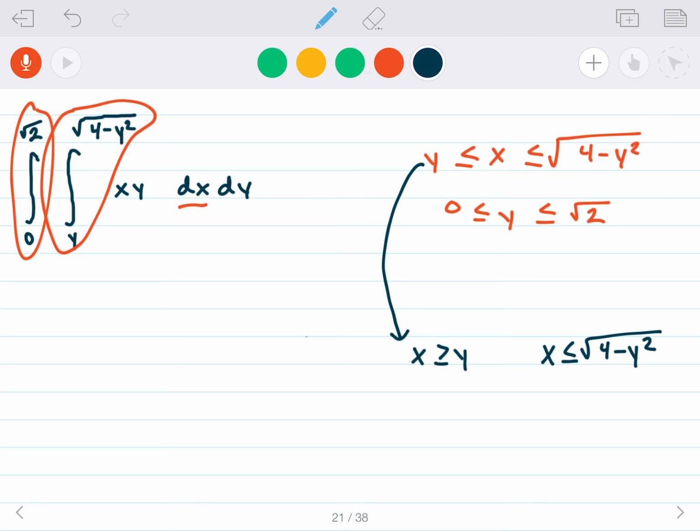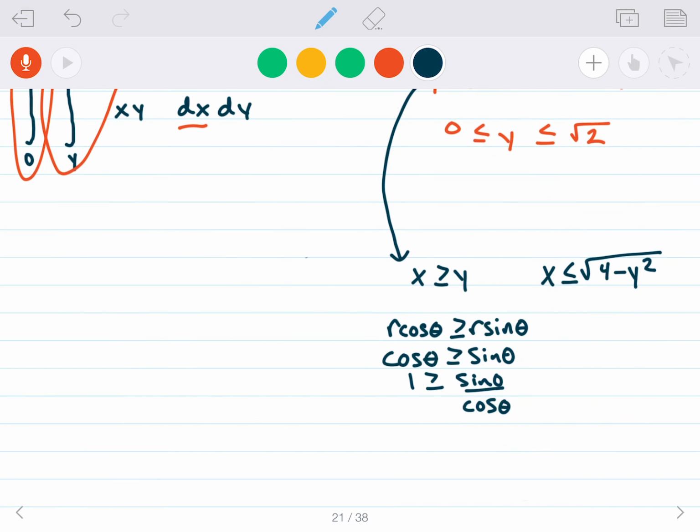Well, if I now change into polar coordinates, x becomes r cosine theta, and y becomes r sine theta. And if I divide both sides by r, I get cosine theta is greater than or equal to sine theta. If I divide both sides by cosine theta, I get 1 is greater than or equal to sine theta over cosine theta.